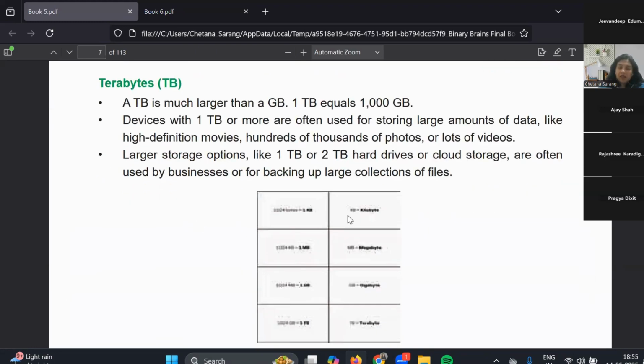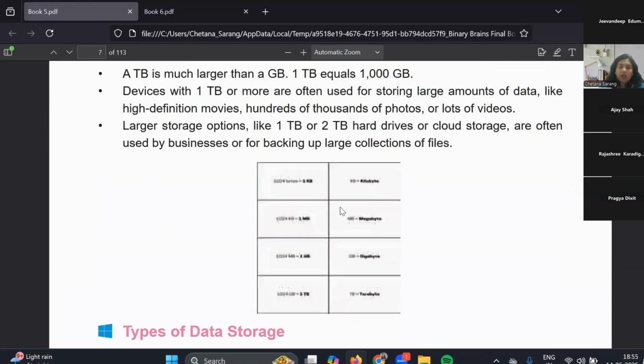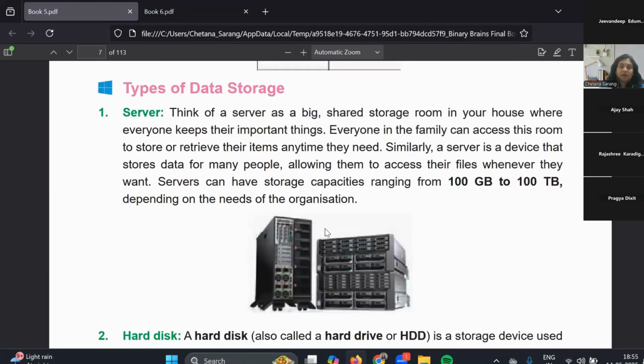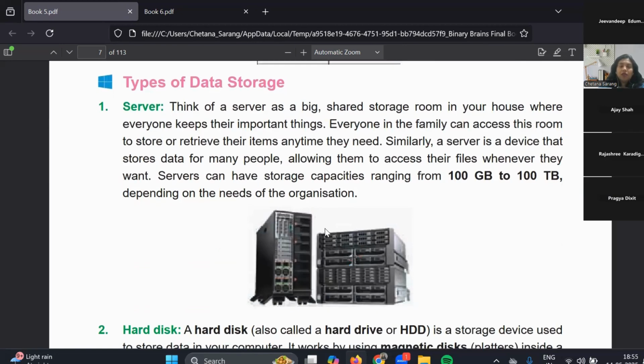So this image is clear in the book, but this is a compressed version of the PDF so that it opens up easily. We have given the table: what makes up 1 kilobyte, how many kilobytes make up 1 MB. So the comparison table, just the units table, is given here. Now, types of data storage: server, in-house.